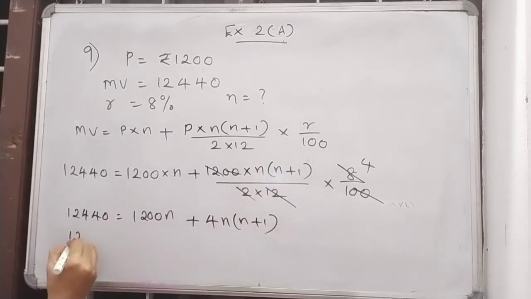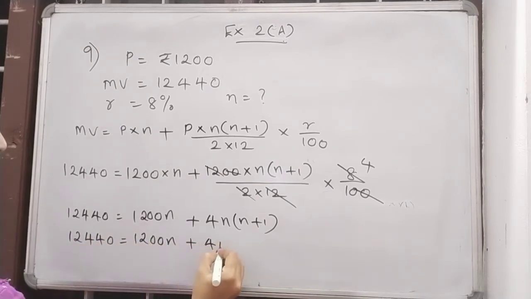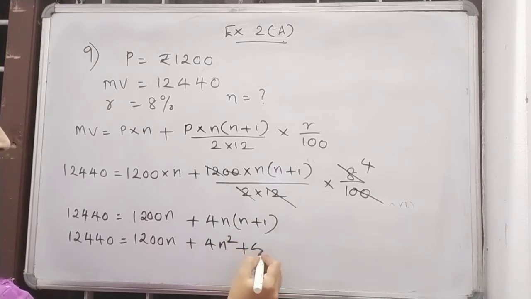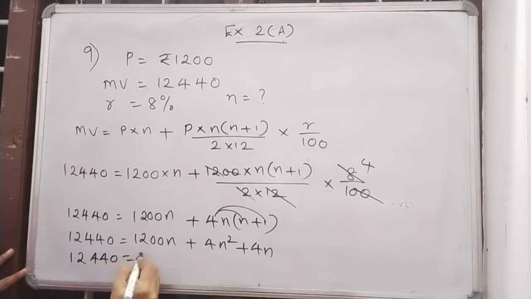Opening the brackets we get 12,440 is equal to 1200 n plus 4n square plus 4n. Next step, 1200 n plus 4n is 1204n plus 4n square.